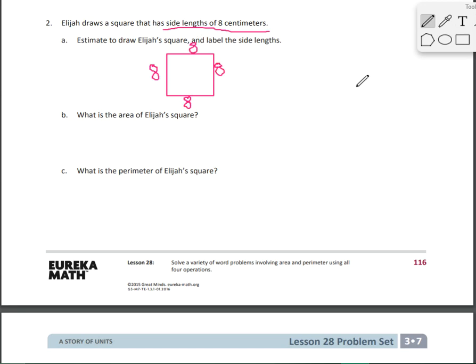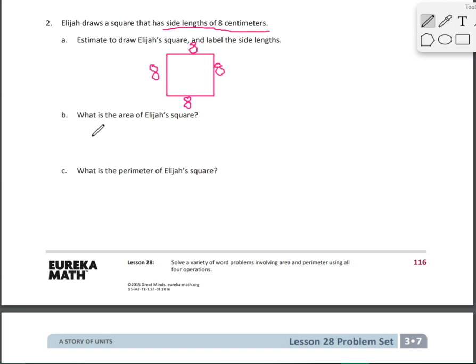Every time that a shape only gives you one measurement, and it's a square, an octagon, a hexagon, a pentagon, that means that all of the other sides are going to be the same. Doesn't work with rectangles, because we know rectangles are the rule breakers. Doesn't work if it says one side is blah, blah, blah. But here, this told us side lengths. We had that S hanging there on lengths of 8 centimeters.